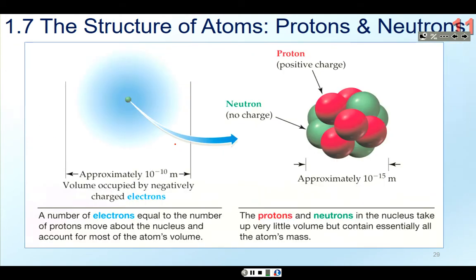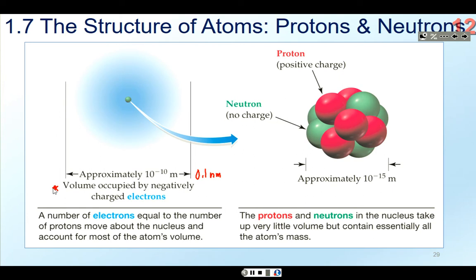One more. So here's another way of thinking about the structure of the atom, where the protons, neutrons, and electrons occur. The approximately 10 to the minus 10 meters, which is pretty tiny, less than a tenth of a nanometer, 0.1 nanometer, is the volume occupied by charged electrons.